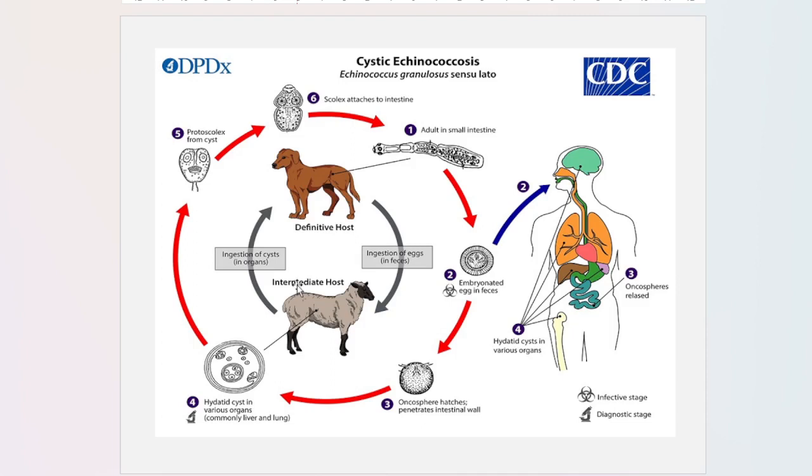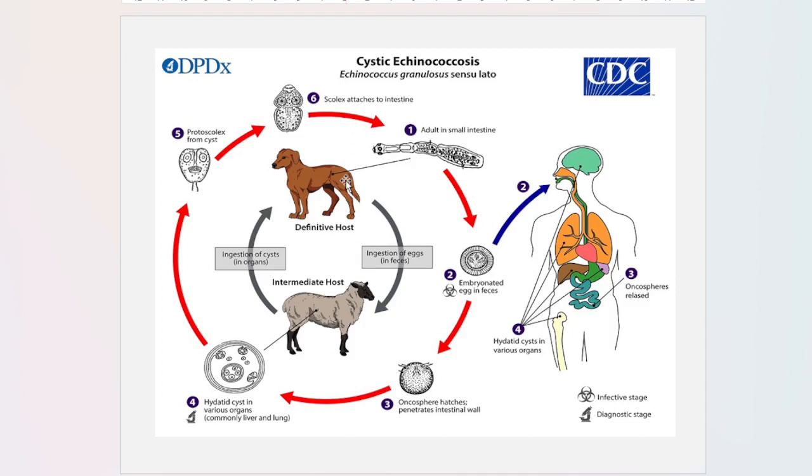So we go to the life cycle. We have here the Echinococcus granulosus for cystic echinococcosis. It resides in the small intestine of the definitive host, and here, that is the dog. The gravid proglottid releases eggs. So the eggs are found in the feces.